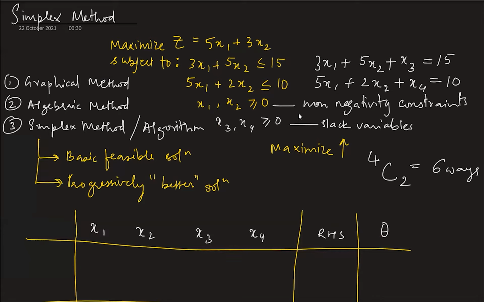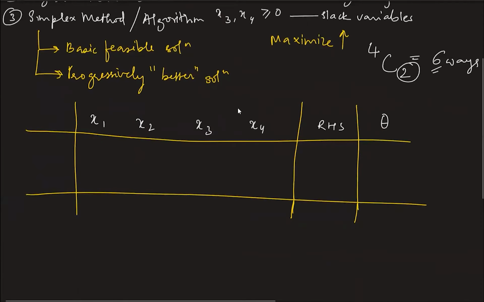But we won't be testing these 6 ways because that is done in algebraic method. But in simplex, the solving remains the same. That is, we consider 2 variables at a time. So we begin by taking these variables, because we start by assuming these slack variables as basic variables. So they enter the basis.